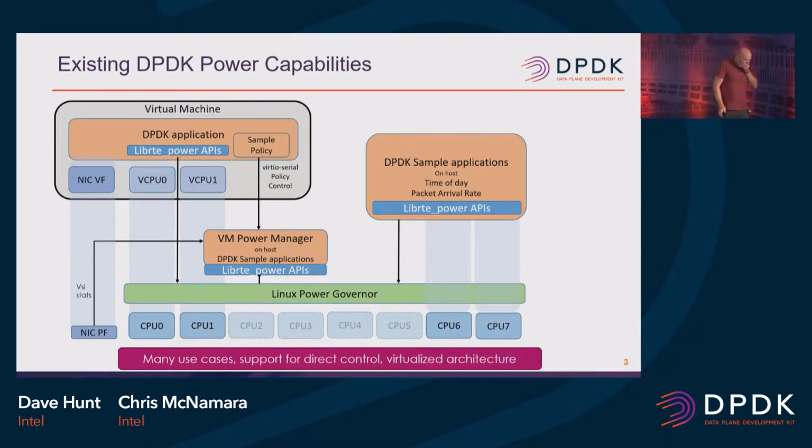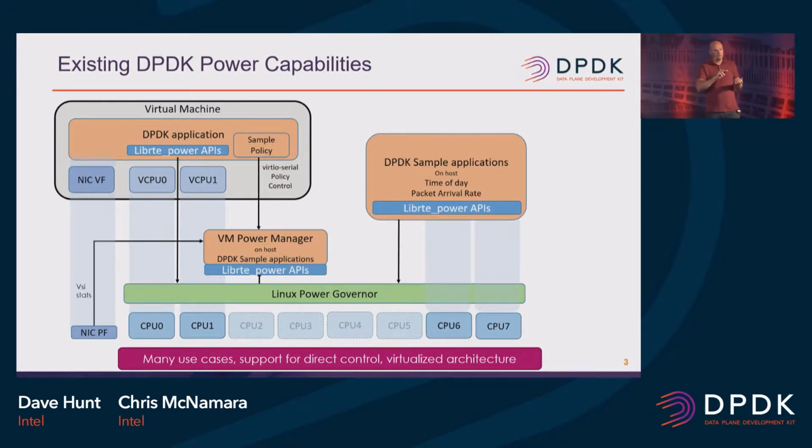So what we're looking at here is a high-level mapping of where DPDK APIs and sample apps for power apply today, and some examples of the work that's been pushed onto the mail lists and is on the main line. What you see on the right-hand side is an application that may take advantage of librte APIs.